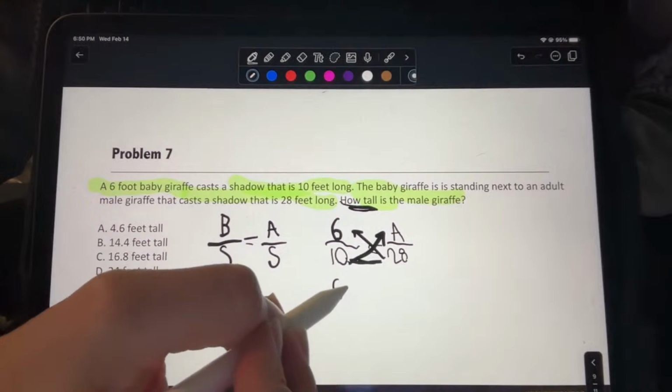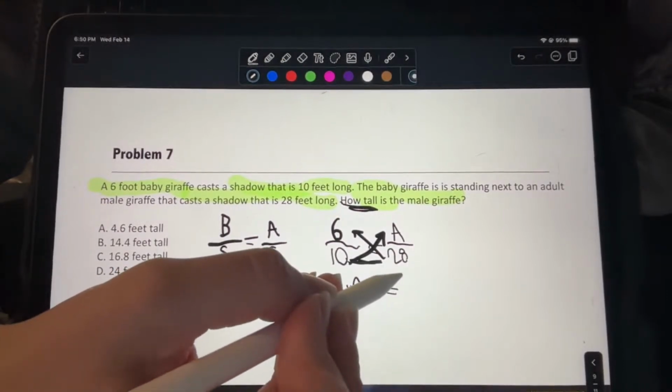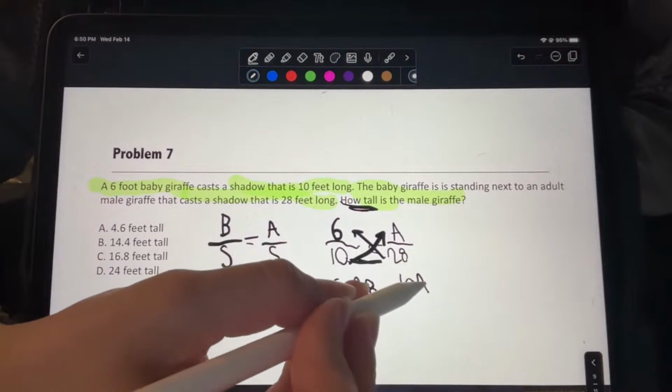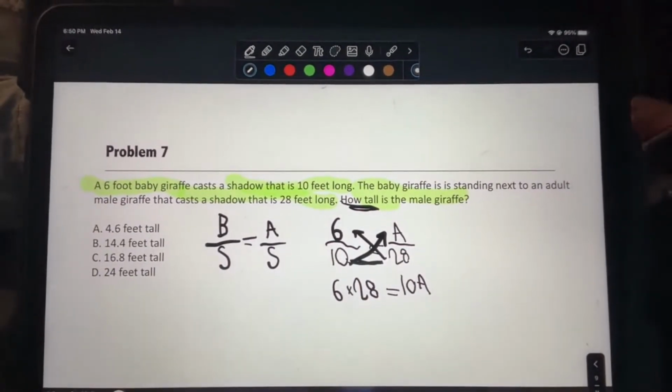I'm going to do 6 times 28 equals 10a. And so I'm going to use my calculator to do 6 times 28.